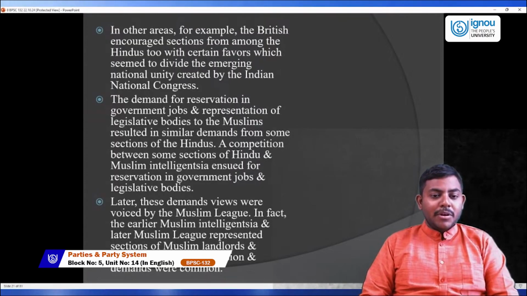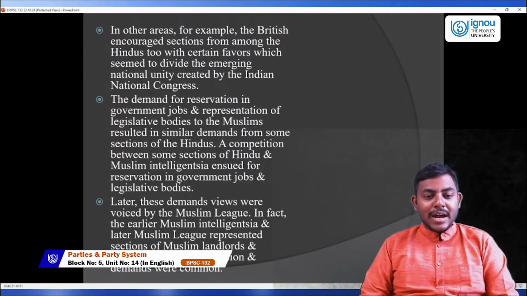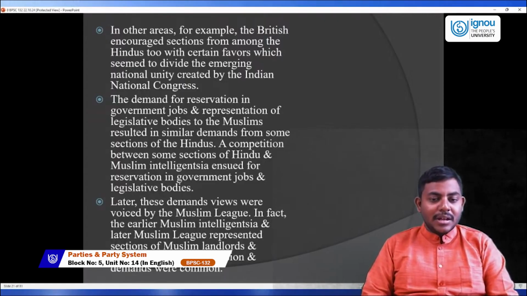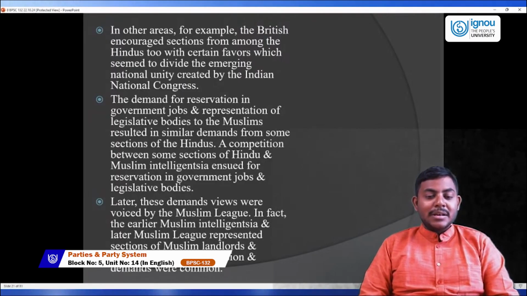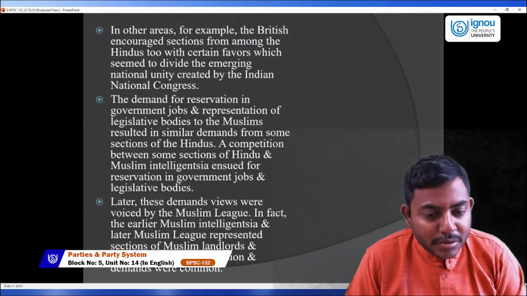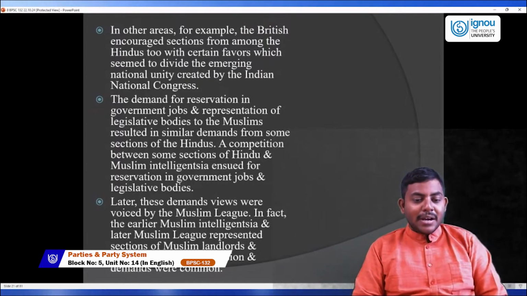A competition between some sections of Hindus and Muslim intelligentsia ensued for reservation in government jobs and legislative bodies. Later, these demands and views were voiced by the Muslim League. In fact, the earlier Muslim intelligentsia and later the Muslim League represented sections of Muslim landlords and middle classes, and their vision and demands were common.